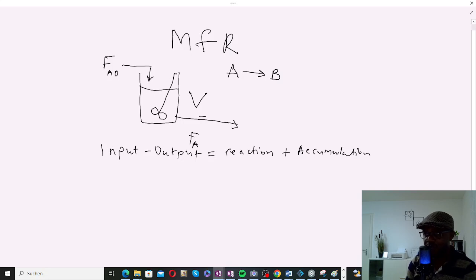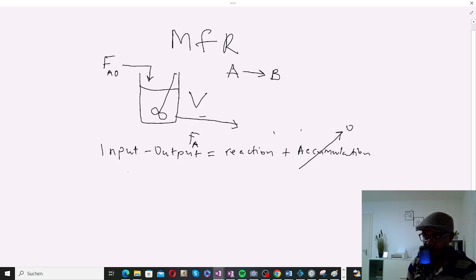That's what we call the volume of the reactor. So the volume V, we assume it to be constant, and because of that, we can say that there's no accumulation in the system. So this accumulation term here becomes 0. So what we have is that the input minus the output is equal to the reaction.